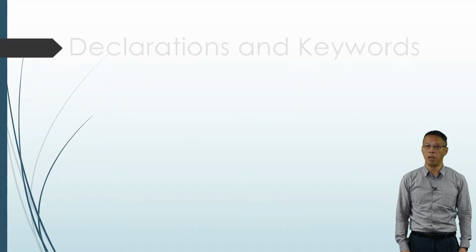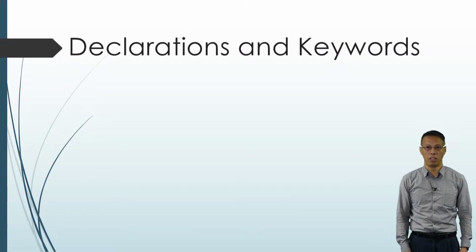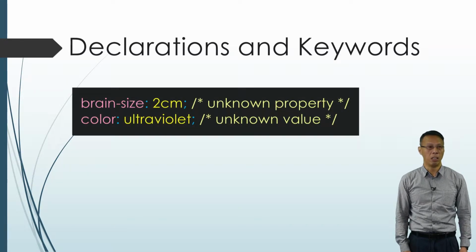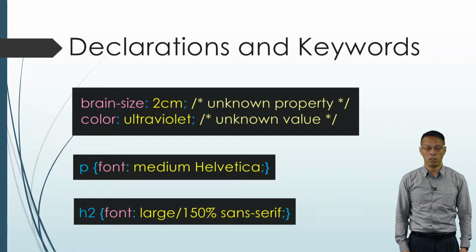Now remember the declarations and the keywords. Some examples are not valid. So border size 2 cm, color ultraviolet cannot be used. The below ones would be the proper ones.